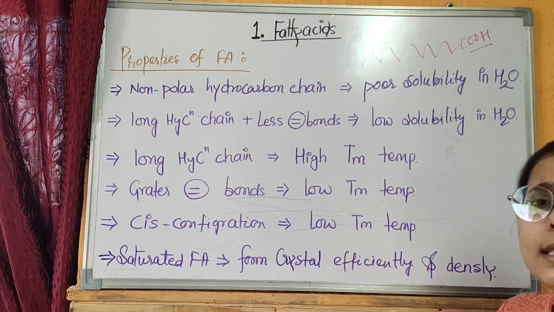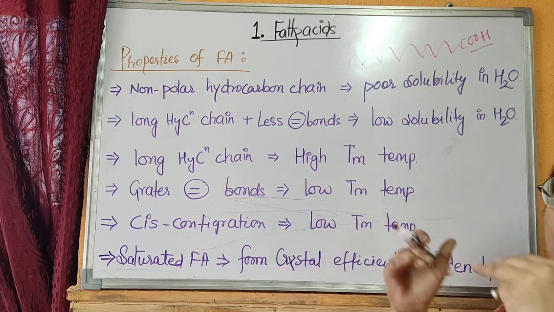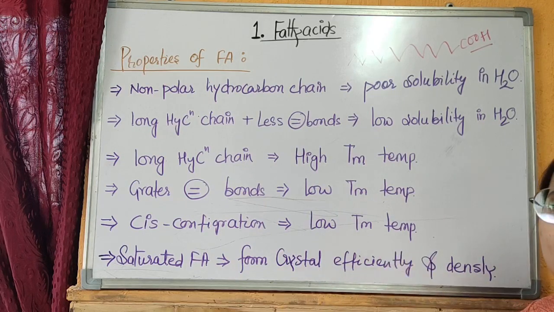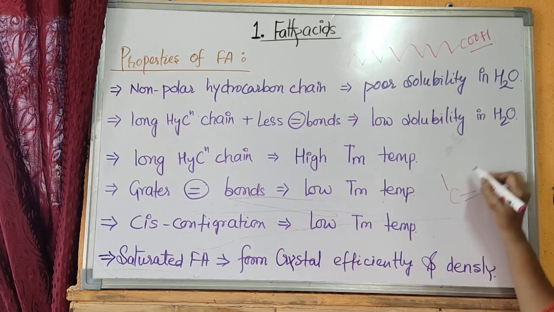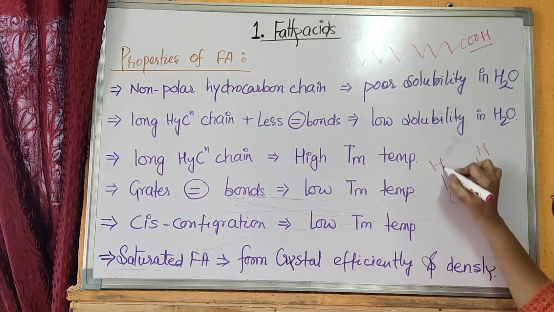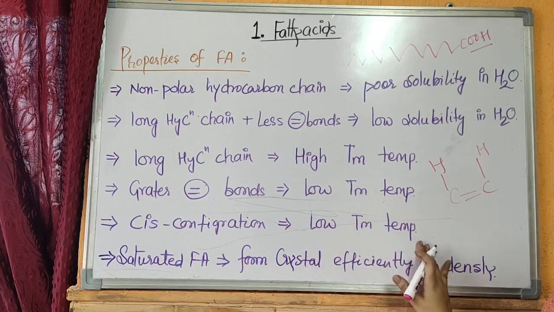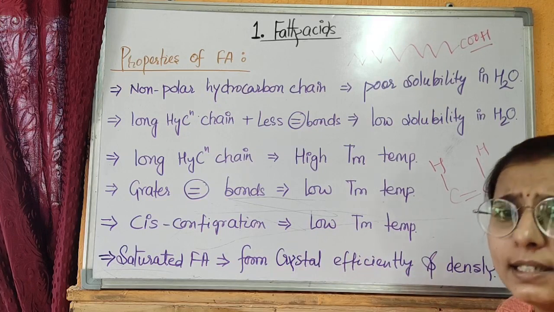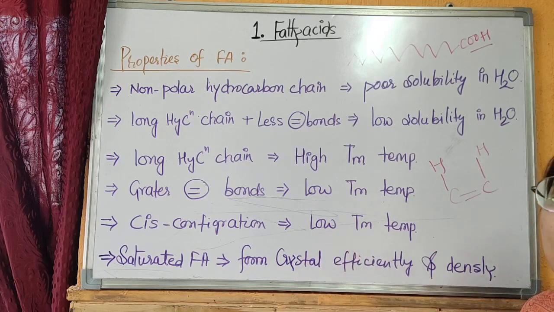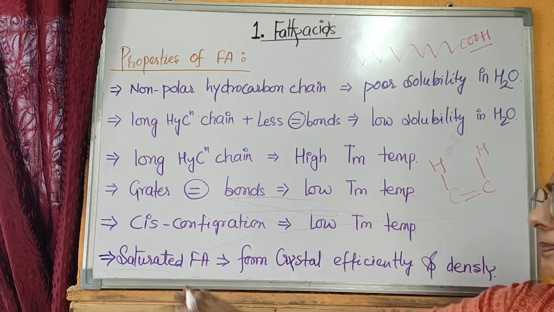If an unsaturated fatty acid has cis configuration, meaning the hydrogen atoms attached to the carbon atoms involved in the double bond are in the same direction, then that fatty acid always has a low melting temperature. But if a fatty acid is in the trans configuration, then it has a high melting temperature, which is due to the stability of the trans configuration.